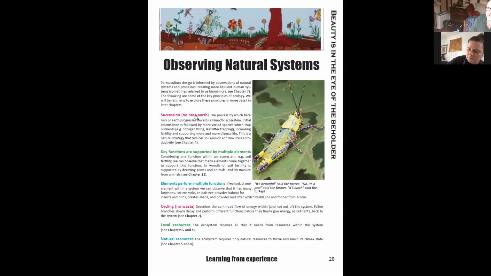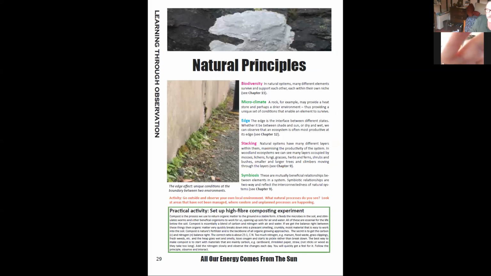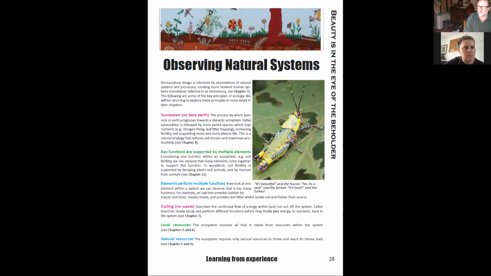Observing natural systems: we've got succession, no bare earth. Key functions are supported by multiple elements. Elements perform multiple functions. Cycling or no waste, local resources, natural resources, biodiversity, microclimate, edge, stacking, symbiosis. These are all the key observations of natural systems.